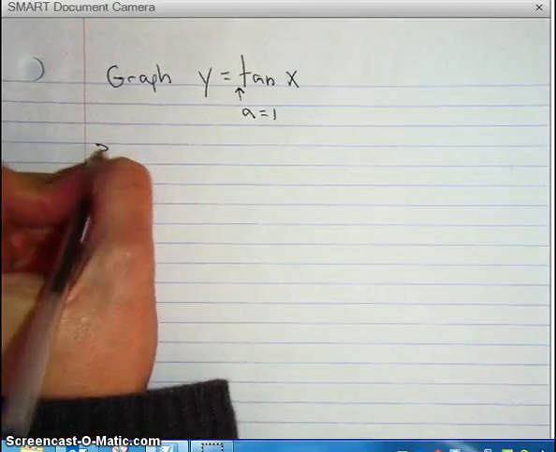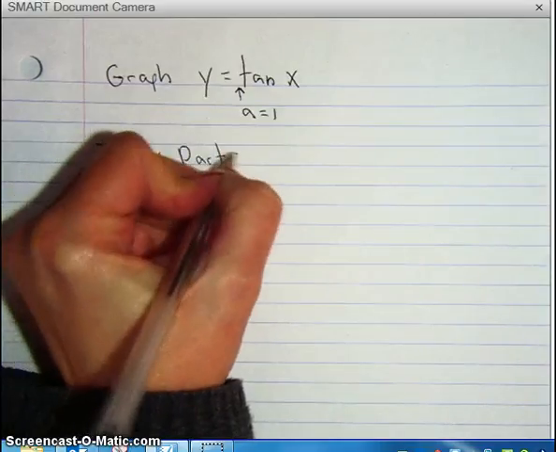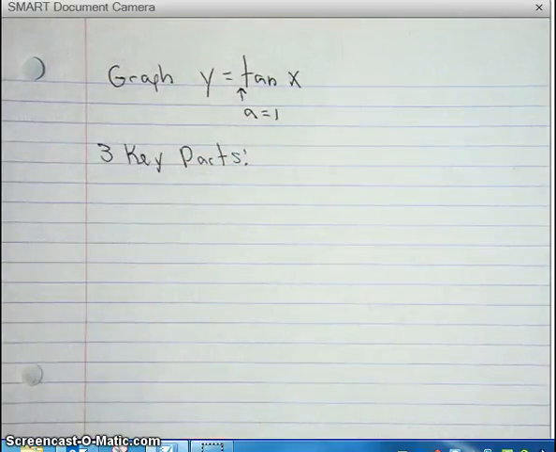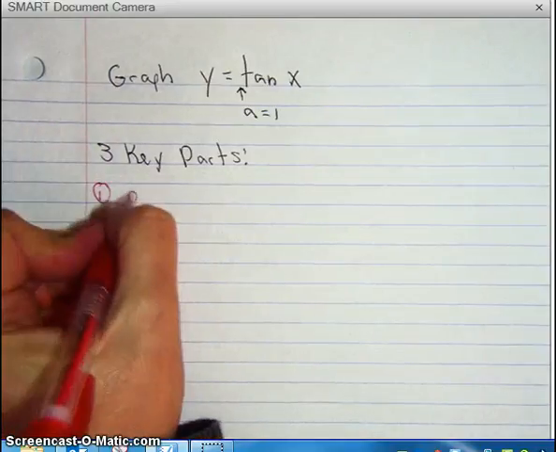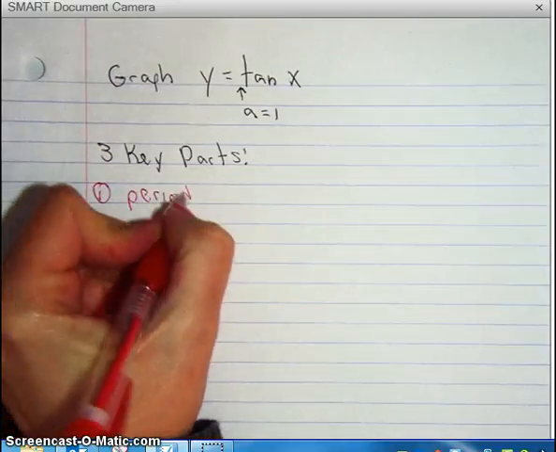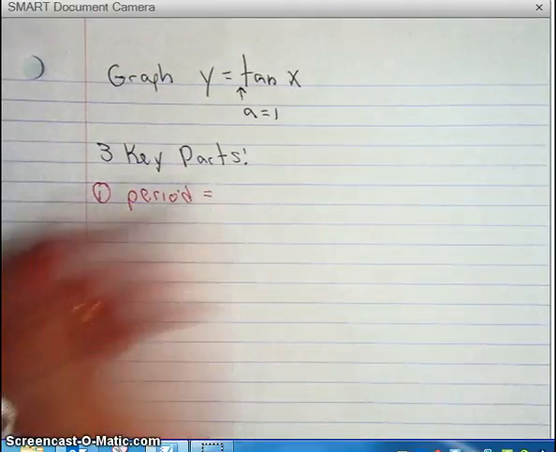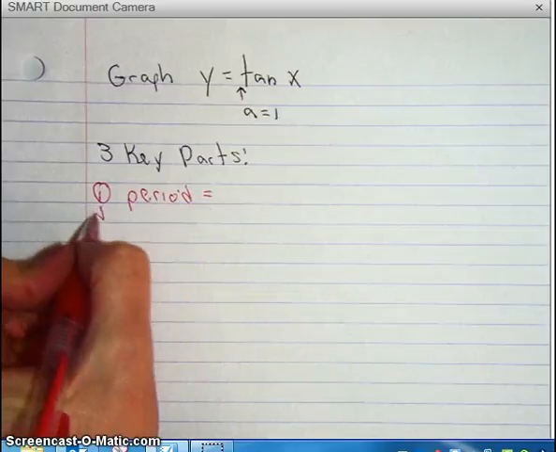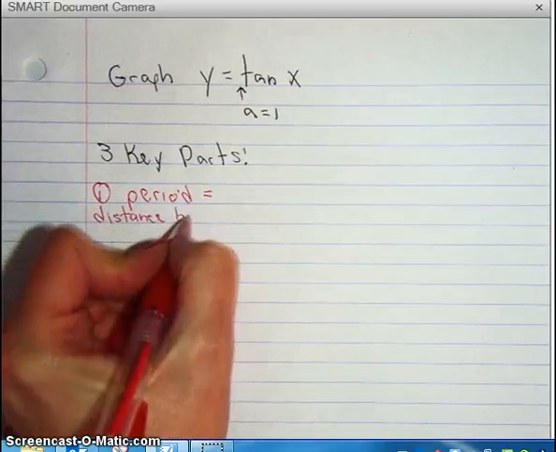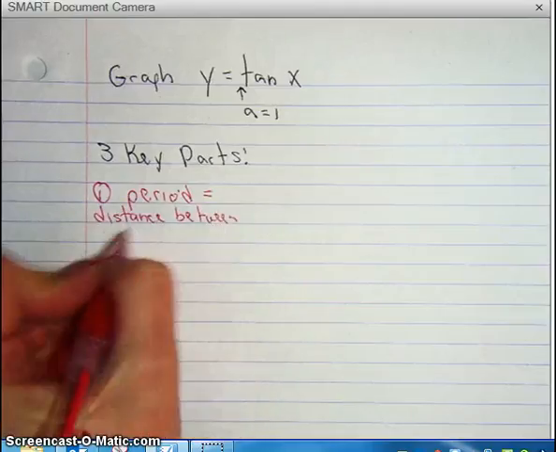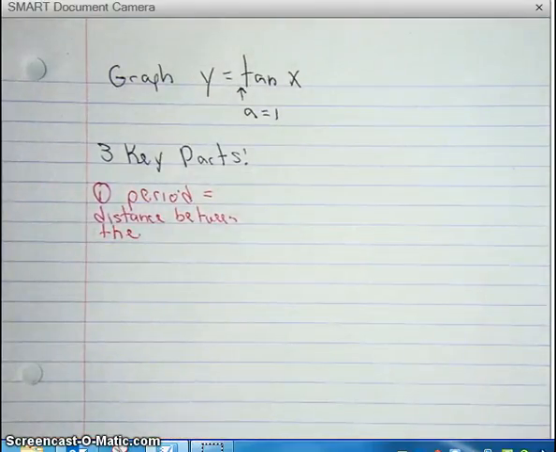3 key parts. Number 1, period. Defined as distance between the... and we're going to fill in the blank in a second.